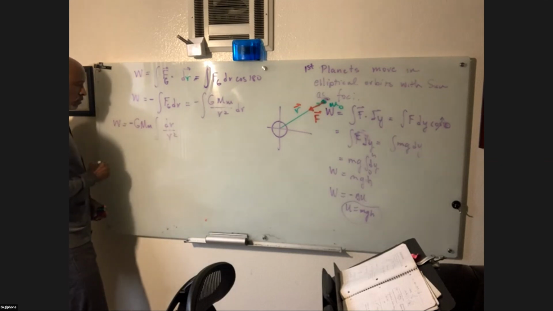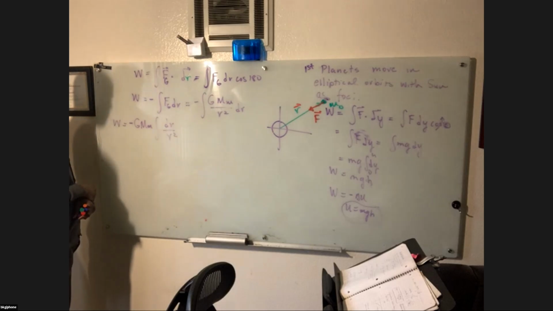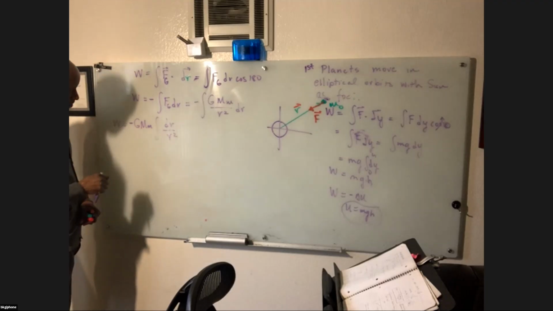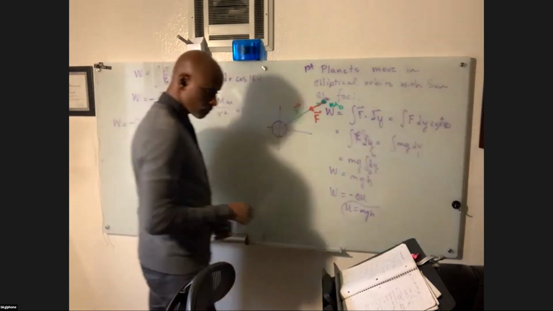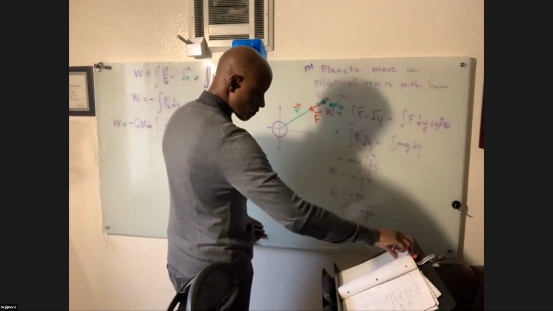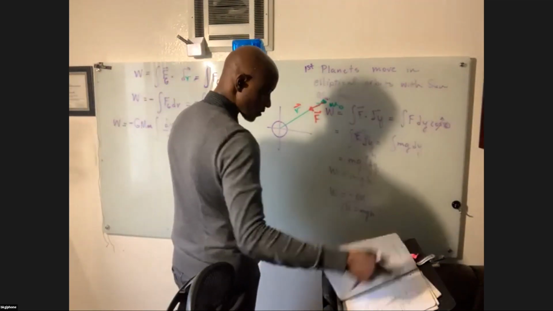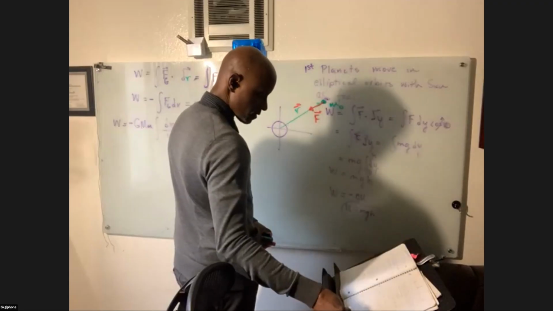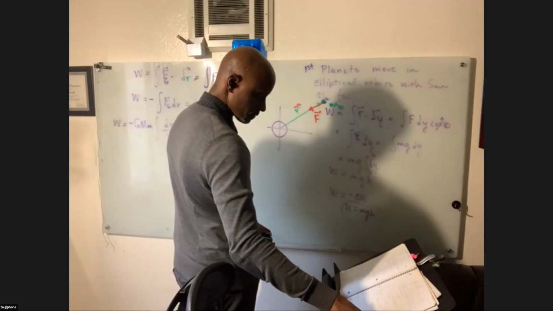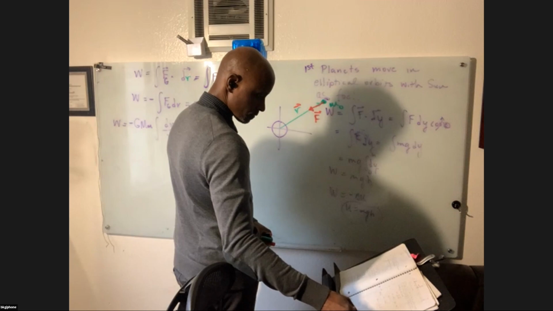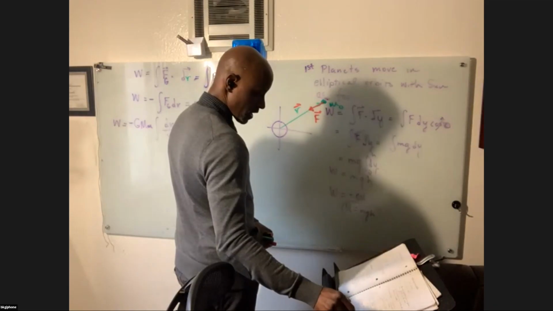Okay, what is that? What is the integral of dr over r squared? What is the integral of 1 over x squared? ln x, right? ln r. No, that's the integral of 1 over x. Over x squared is easier.